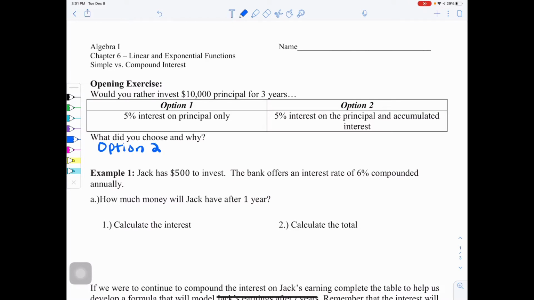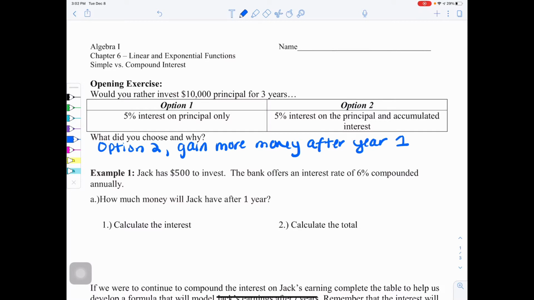And the reason you want to pick that one is you will gain more money after year 1. Year 1, it's going to be the same for both because you have the same principal amount. But then in year 2, your number will be higher. If you pick option 2, you'll be taking a percentage of a larger number.